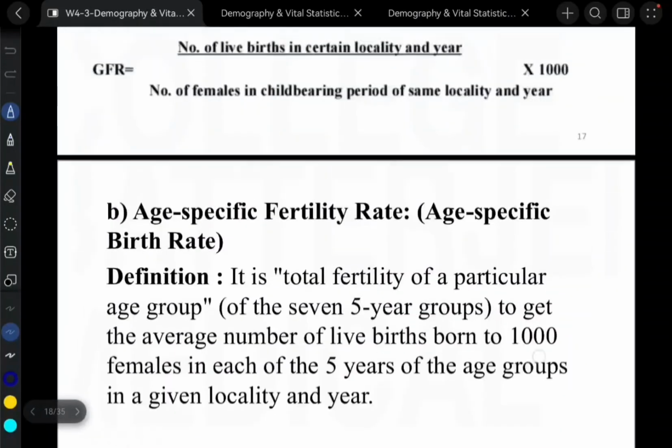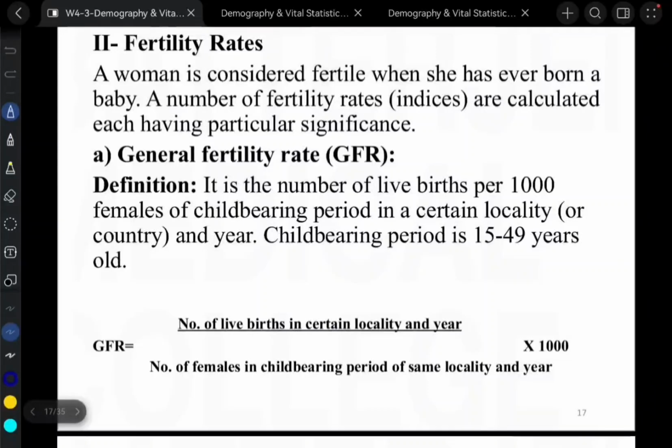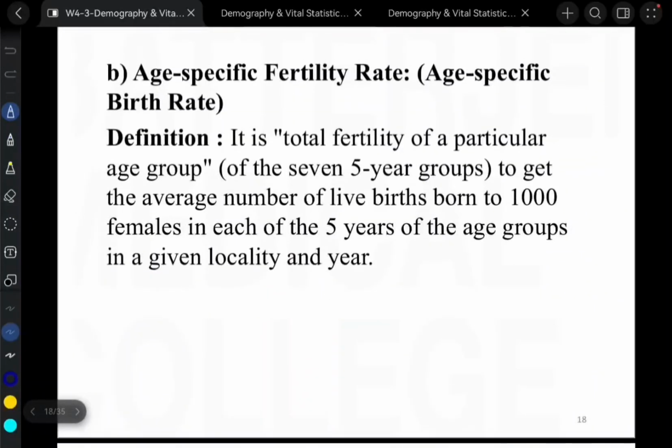We did agree that the childbearing age is between 15 and 49, right? So we have 5-year age groups and we divide it into those.